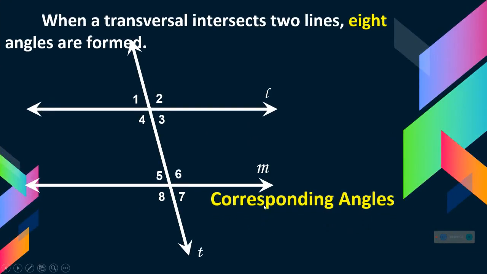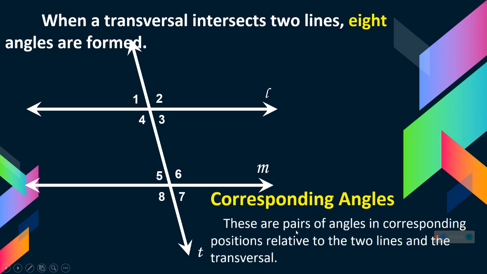Angle pairs: we have corresponding angles. These are pairs of angles in corresponding positions relative to the two lines and the transversal. If we take angle 1, it corresponds with angle 5. That is an example of corresponding angles. Here we have 1 and 5, angle 2 and angle 6, angle 4 and angle 8, then angle 3 and angle 7.